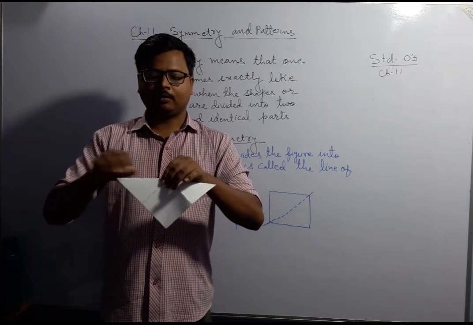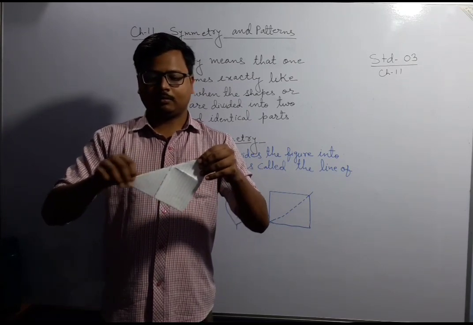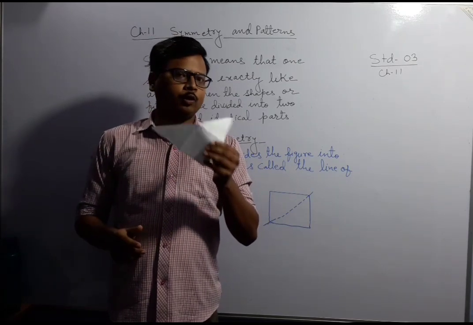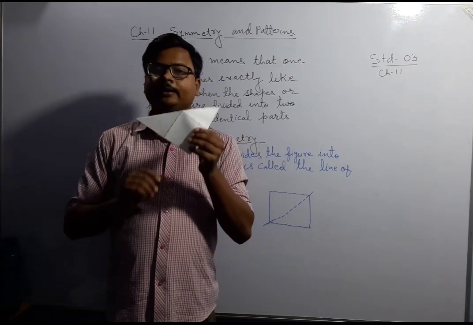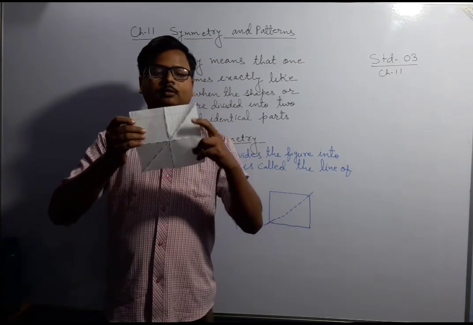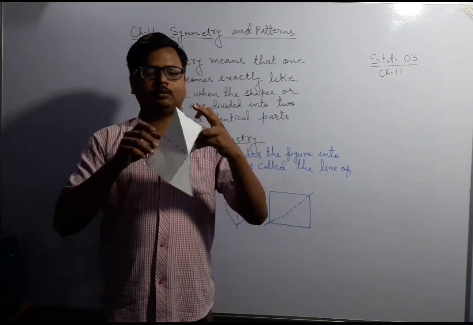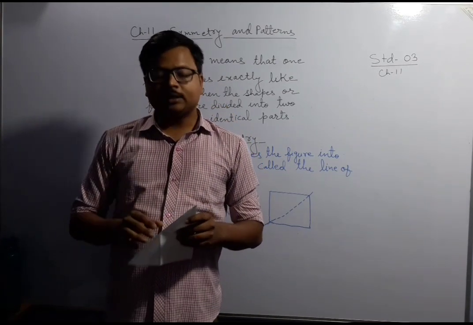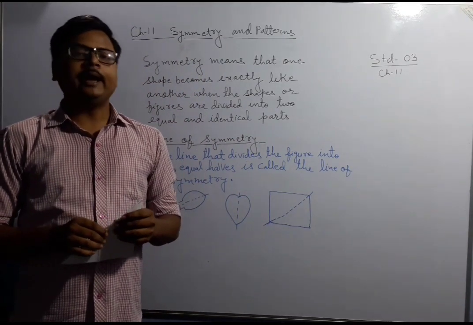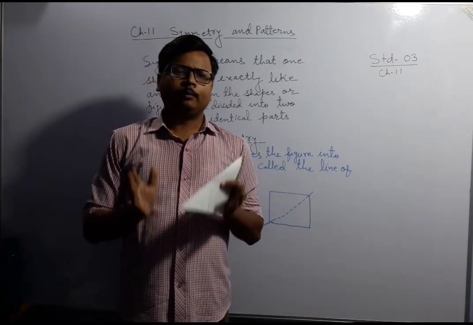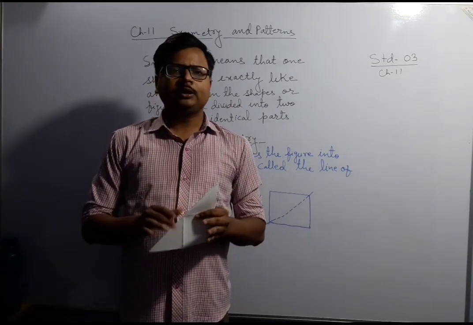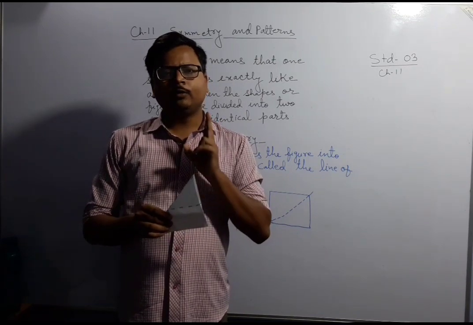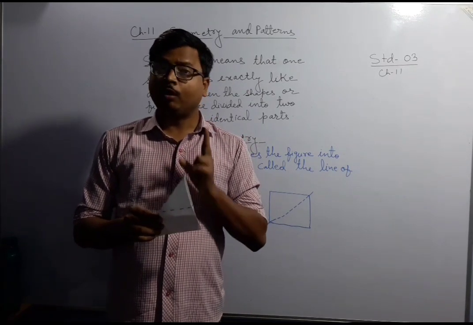See, in this way also you can fold this paper and you will get a line of symmetry, that is this portion. So what do you understand by line of symmetry? That you can fold paper or anything in which that thing will give two halves of equal size.